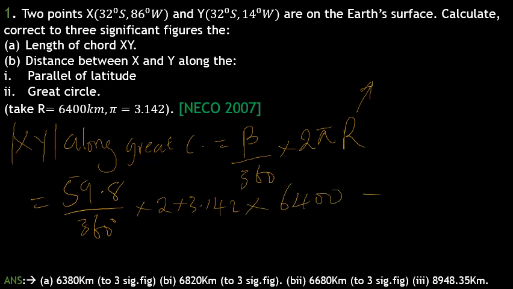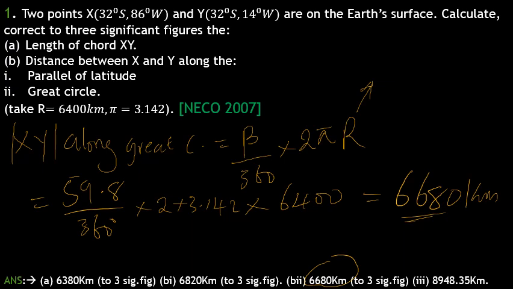If you punch this well, it should give you 6680 kilometers, and that should be the answer. 6680, look at it here. Okay, so that's the answer. So it's as simple as that.